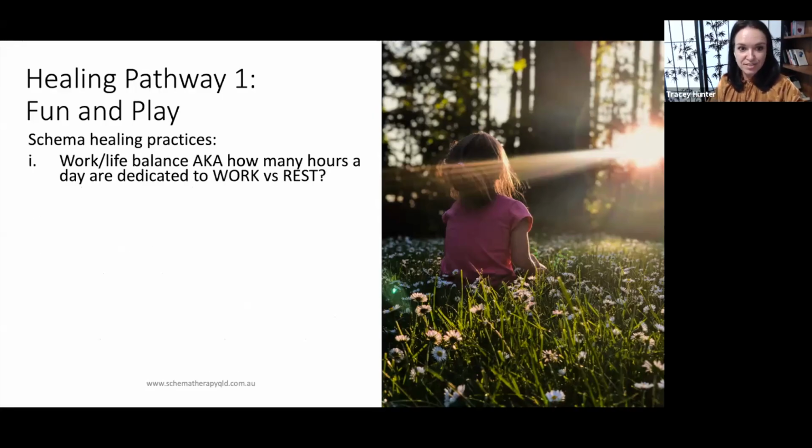So some actual behaviors, if we're embodying this, we really prioritize work-life balance, aka how many hours in a day are dedicated to work versus rest. An honest look at how our days are structured, rather than just talking about work-life balance being some kind of vague concept.